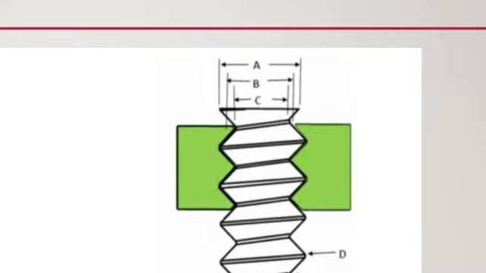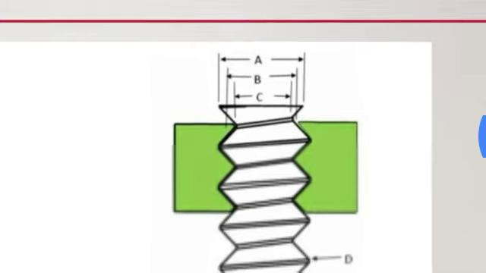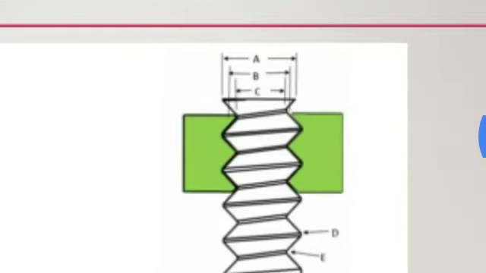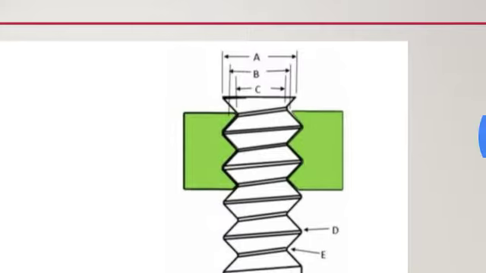This distance across a circular rod is known as a diameter. The diameter formed by joining all these crests is known as the major diameter of a thread.